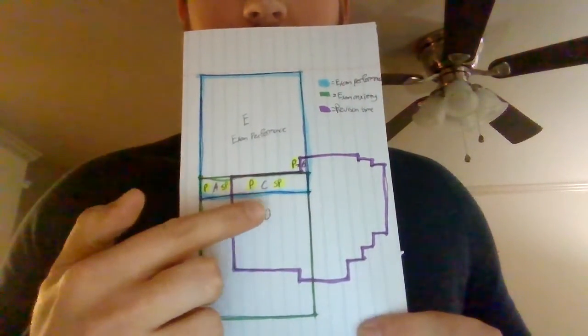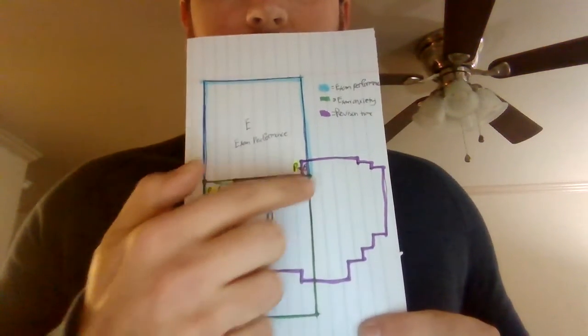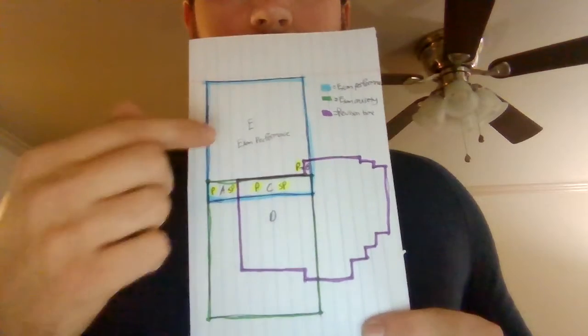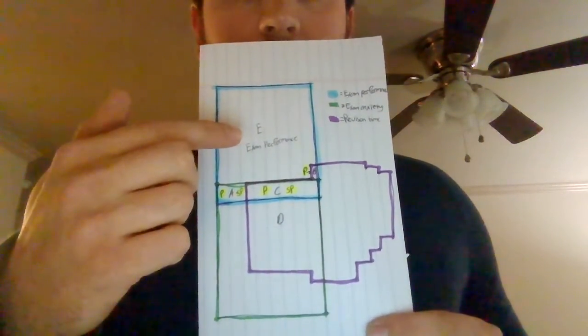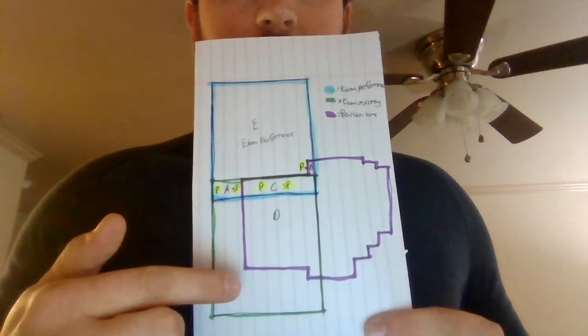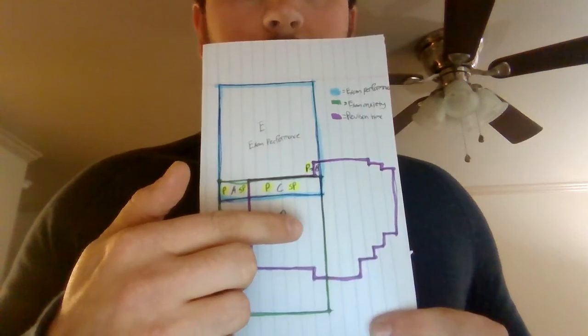You can see where it's labeled A, C, D, and B, they all converge at different points. This blue box up here would be exam performance, this green box down here is exam anxiety, and this purple box is revision time.